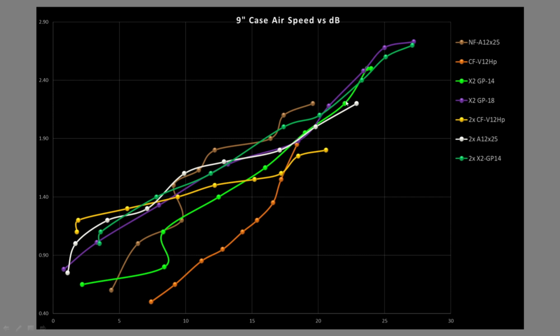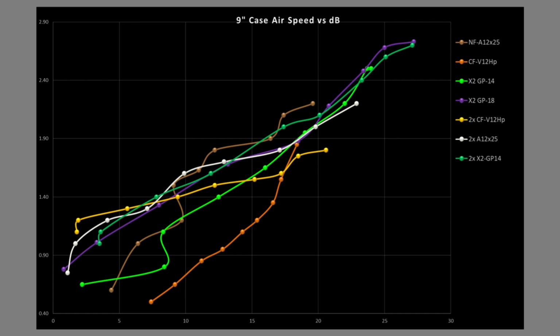It affects your total air speed, and adding those additional fans grants you much better performance without increasing your noise level substantially, which is what we're seeing right here. So in most cases, you're actually gaining a whole lot of performance without adding that much extra noise.